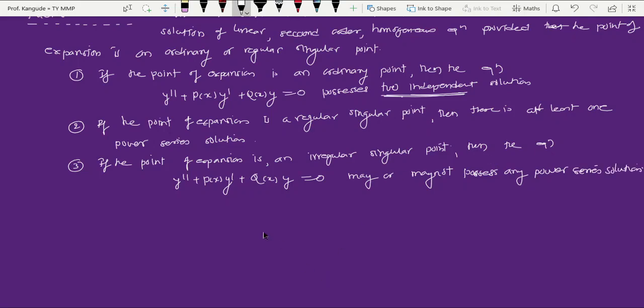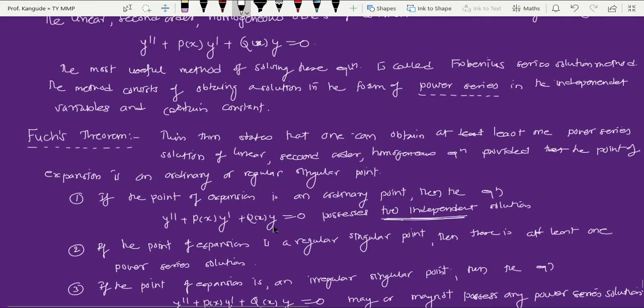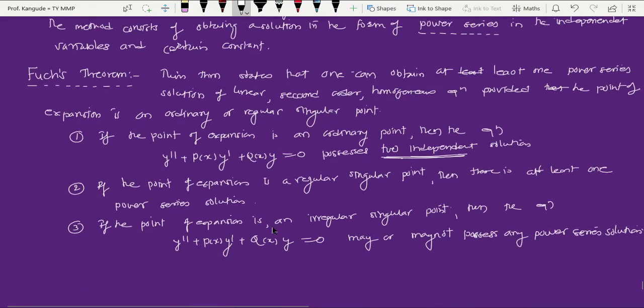So this is the statement of the first theorem. The first theorem tells you whether a power series solution is possible or not, because the point of expansion is to be checked for that differential equation, whether it is an ordinary point, a regular singular point or an irregular singular point. If it is an ordinary point, then this type of differential equation possesses two independent power series solutions. We are going to see some problems of that.